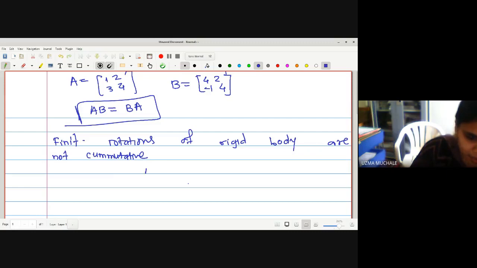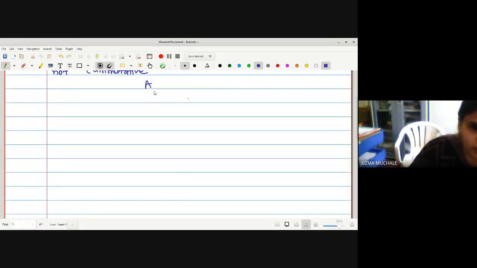Let us assume that we have some matrices, say A1 and A2. So matrices A1 and A2 are not commutative.